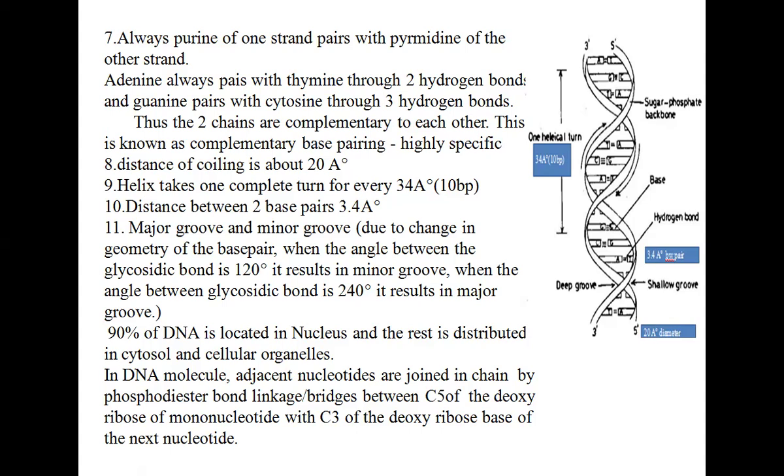I hope you understood this one. The characteristics, you can divide into what all? Please make a note: double helix, with the two long strands being polynucleotide strands. Then you can talk about the sugar phosphate backbone, nitrogenous bases, complementary base pairing, anti-parallel strands, major and minor groove, and the dimensions.